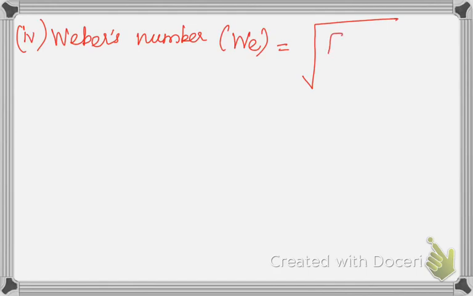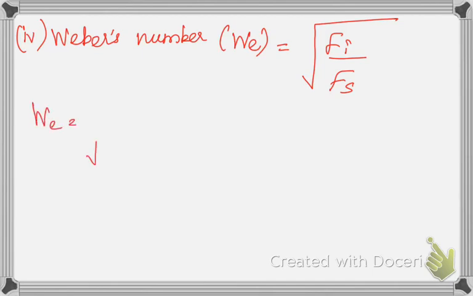The fourth number is going to be Weber's number, which we denote by We. We is the square root of the ratio of inertia force to surface tension force.